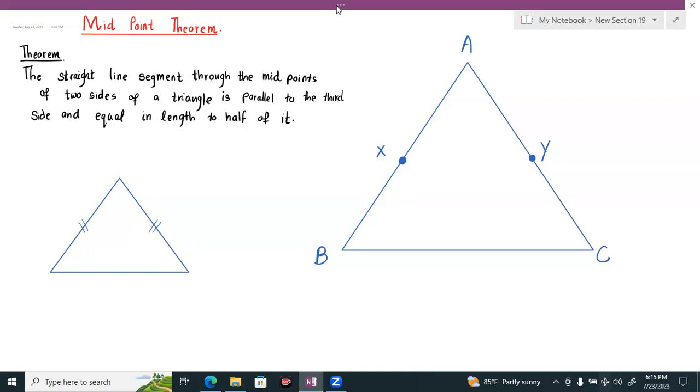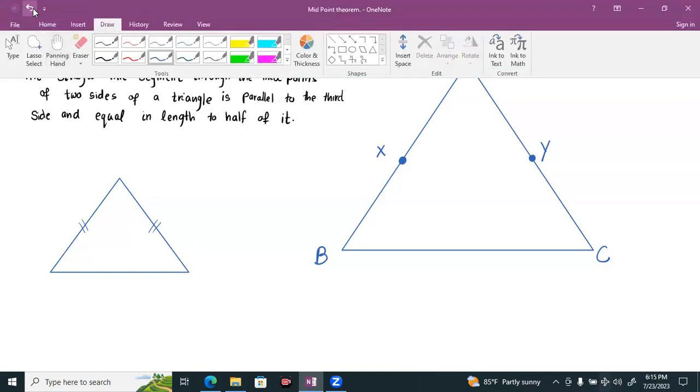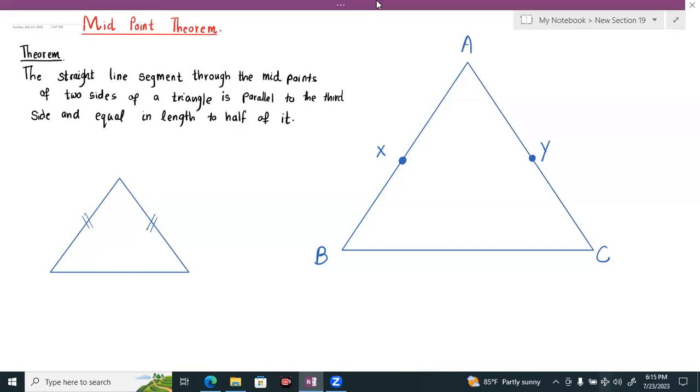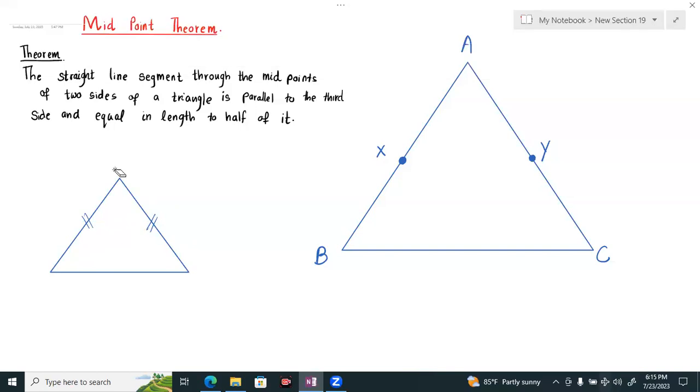If it is not given, then there's no way to prove it, okay? Otherwise, we have to take some theorems and according to other given information we can say, but if nothing is given, at least it should be given like this. Then we can say it is an isosceles triangle, because two sides are equal to each other.